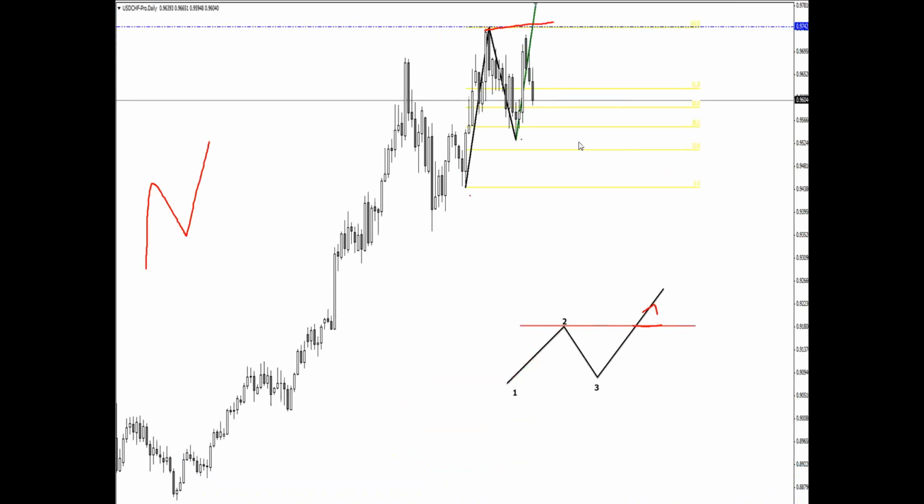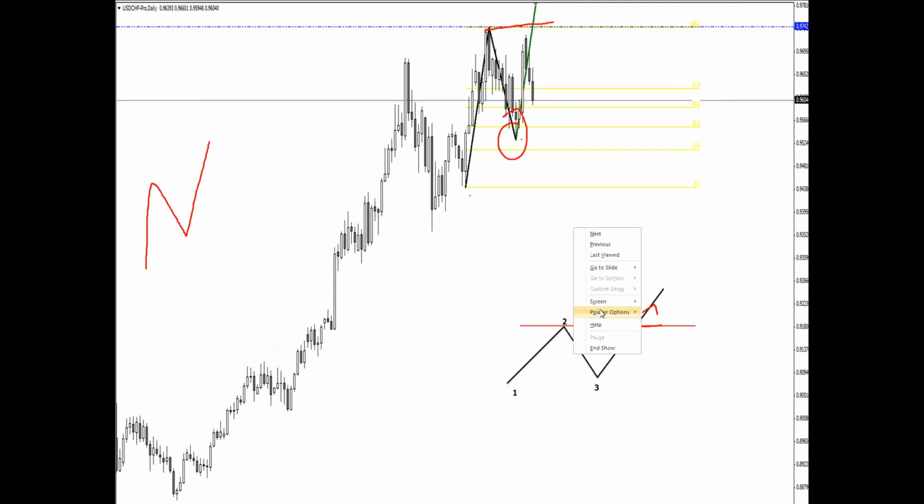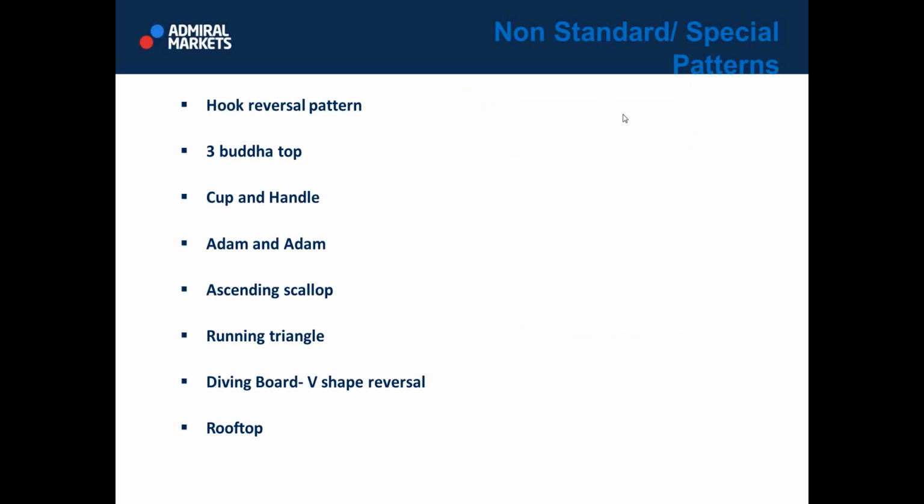You usually will find those entries on the same levels, 38.2 or 23.6, because they are used like a deeper retracement. So you can make your entry here, or you can make your entry there. But usually the pattern is traded this way. But you can also trade it like this, making basically a better price for your entry.